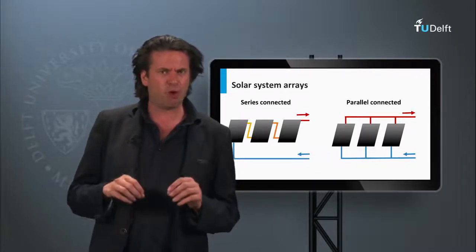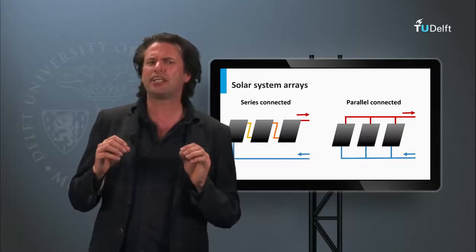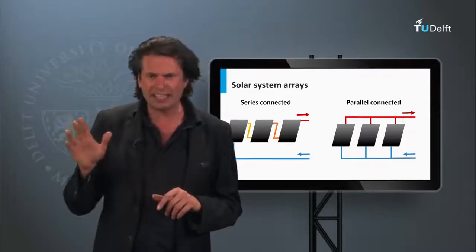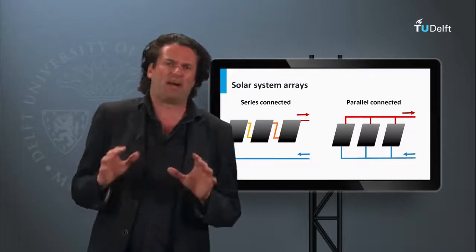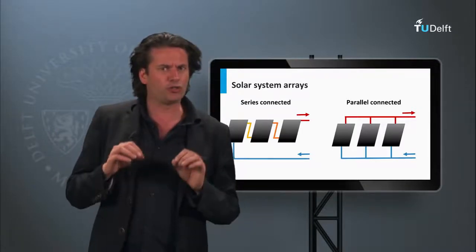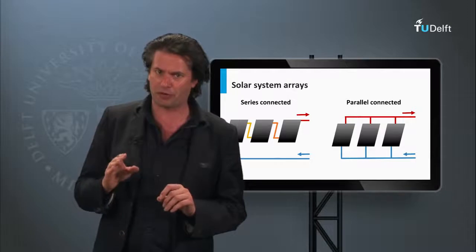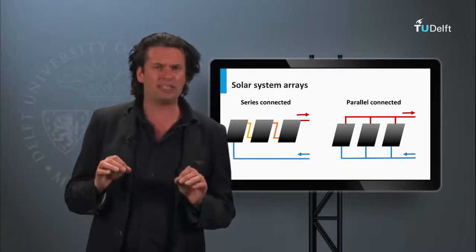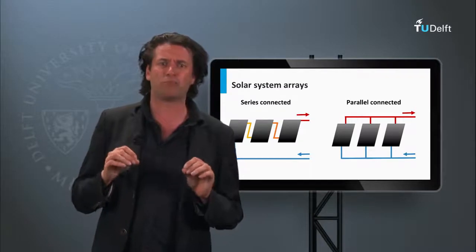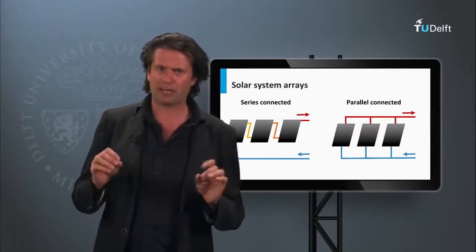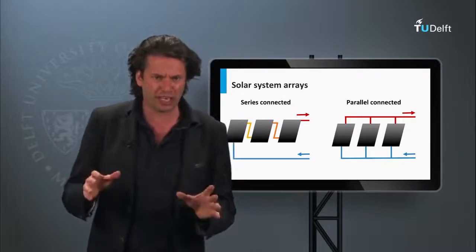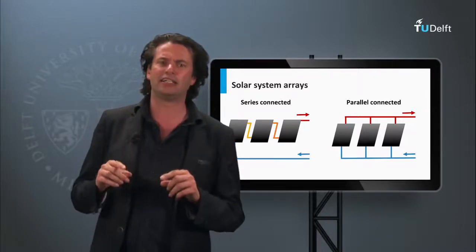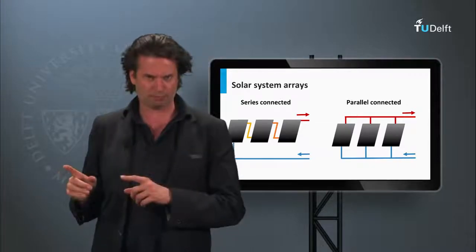Parallel flow is more frequent because it's inherently balanced and minimizes the pressure drop. In any case, the choice of series or parallel arrangement depends ultimately on the temperature required for the system. Connecting collectors in parallel means that all collectors have as input the same temperature, whereas if the series connection is used, the outlet temperature from one collector is the input of the next.